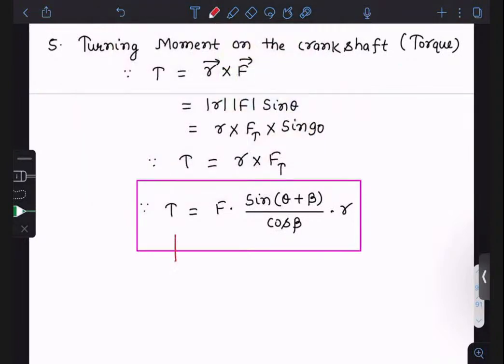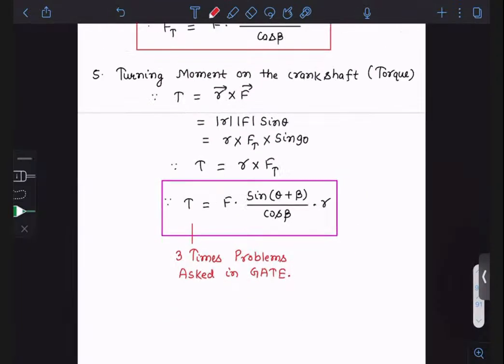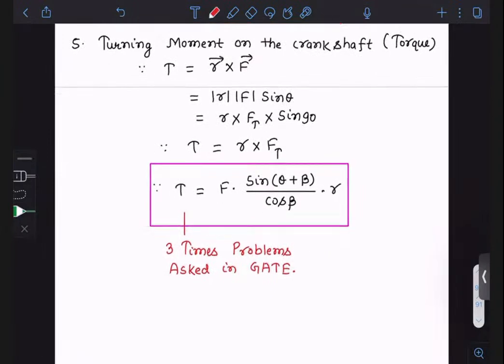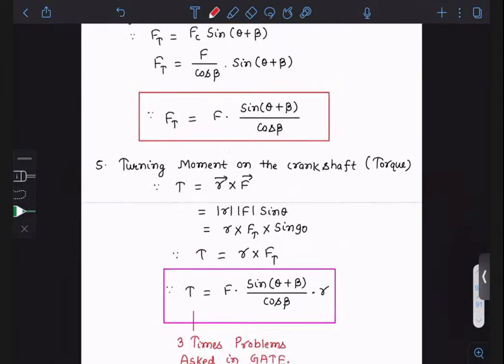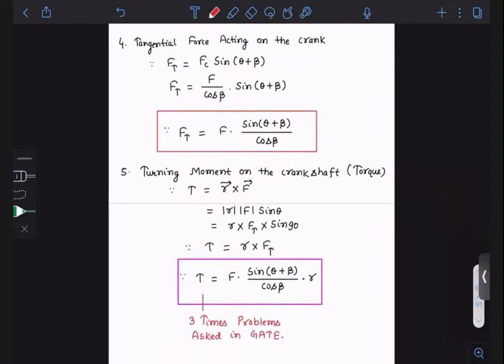And this problem has been asked 3 times in GATE. So remember that, everyone, please. Please note down today's discussion. Have a look and note down. And once done, let me know.